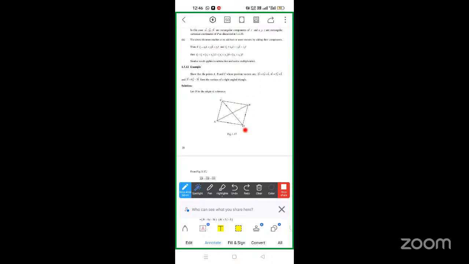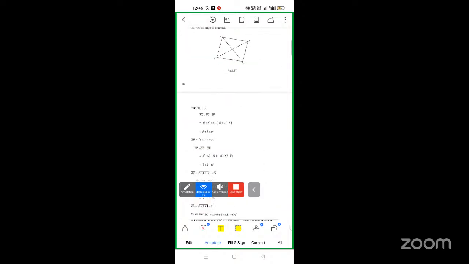So this is the origin, and this is A, B, C. AB can be written as OB − OA. OB vector is given and OA vector is also given. So by subtraction we get AB vector = 2i + j + 2k. Next, magnitude of this vector: |AB| = √(4 + 1 + 4) = 3.